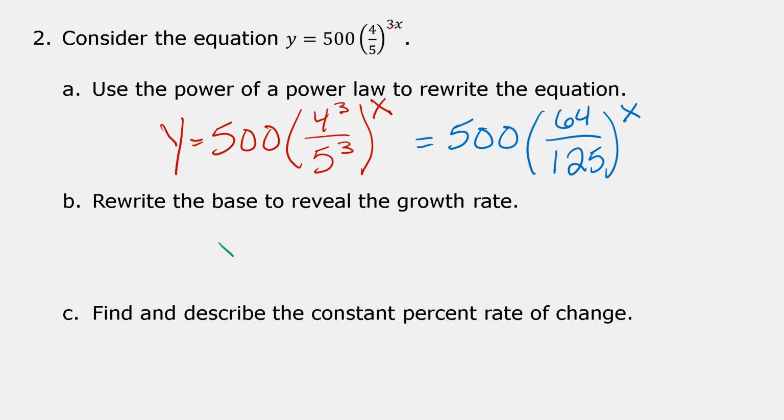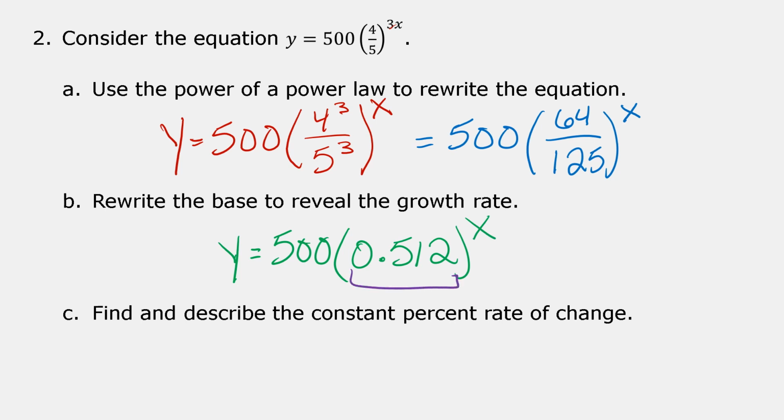And we're going to write this to figure out what our base is as a decimal. Round your decimal to the nearest thousandth. So that's 3 places. So do 64 divided by 125 should be 0.512. So this 0.512, that's your growth rate.